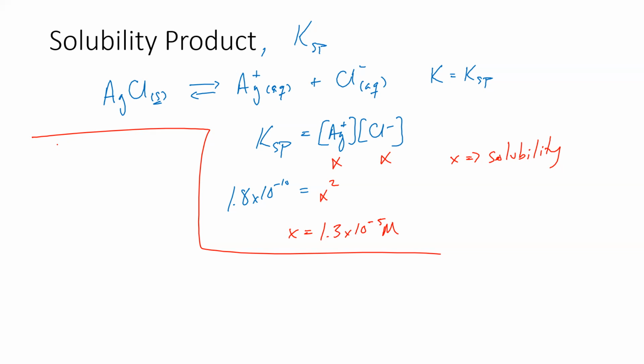If you have something like barium hydroxide, where it's a 1-to-2 ratio, you'll end up with X and 2X squared, which gives you 4X cubed. If it's a 1-to-3 ratio, something like lithium phosphate, I think these were the ones in your review, you end up with 3x cubed times x, which gives you 27x to the 4th.